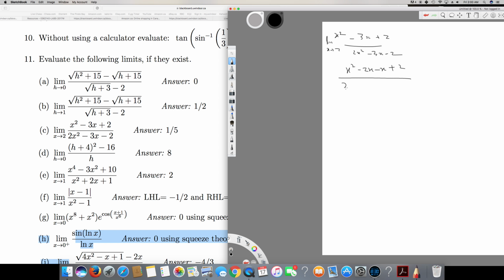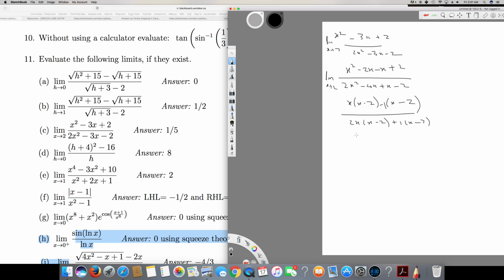So 2x square minus 4x plus x minus 2. If I take the common, limit x approaches 2, x minus 2 common minus 1 x minus 2, over 2x common, x minus 2 plus 1 x minus 2.